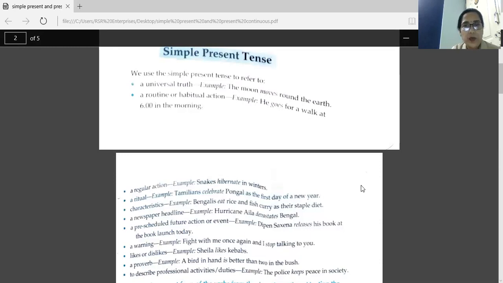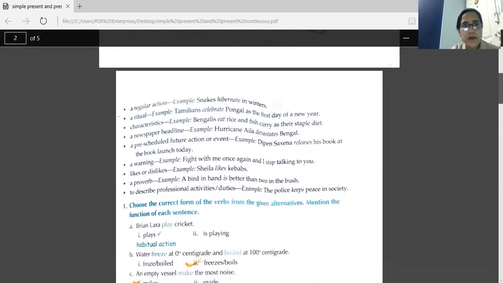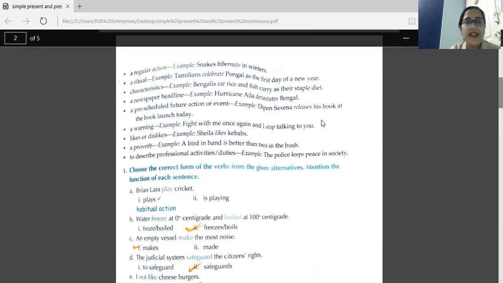Now, third one. A regular action, which is done after some time, but regularly done at intervals. Example, snakes hibernate in winters. It's a regular action, regular work, which they do every winter.